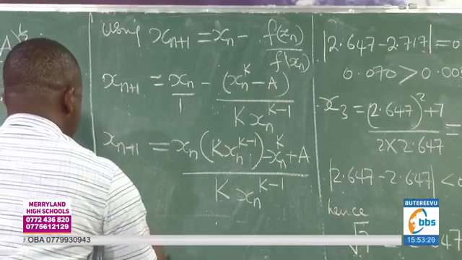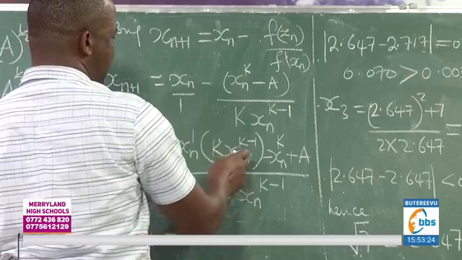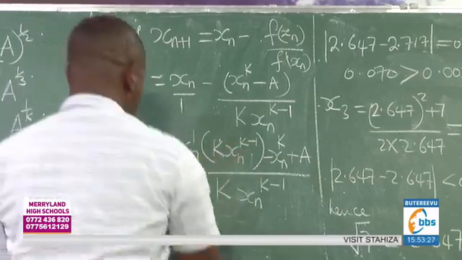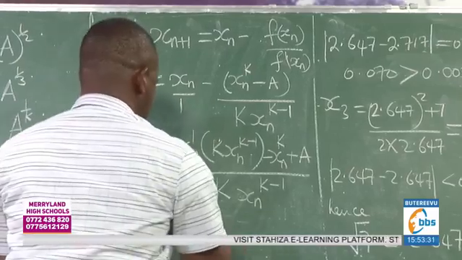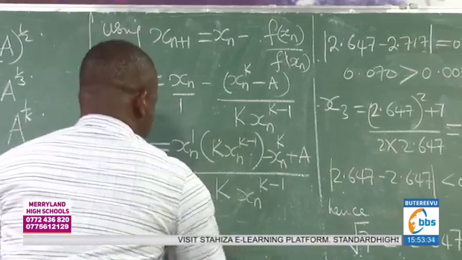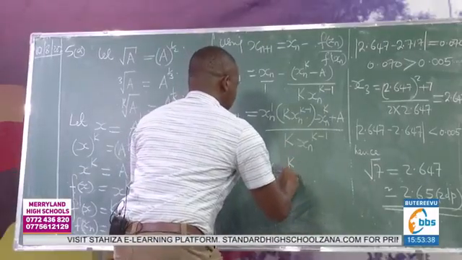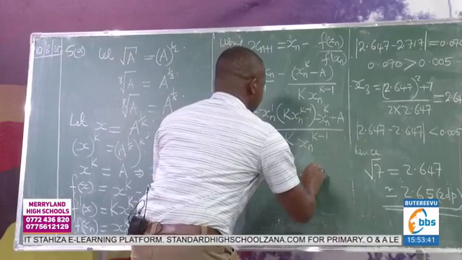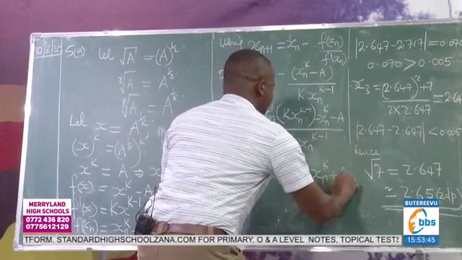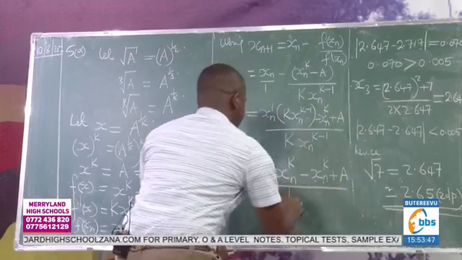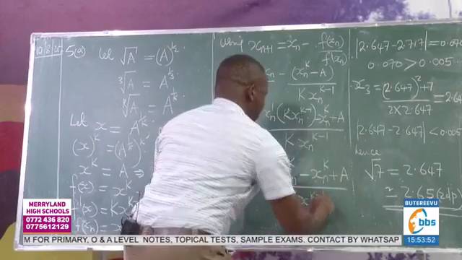Finally, xn has a power of 1, times this power, which will cancel with that. So we shall have xn to the k only, times k. We shall have k times xn to the power k minus xn to the power k plus A over k xn to the power k minus 1.